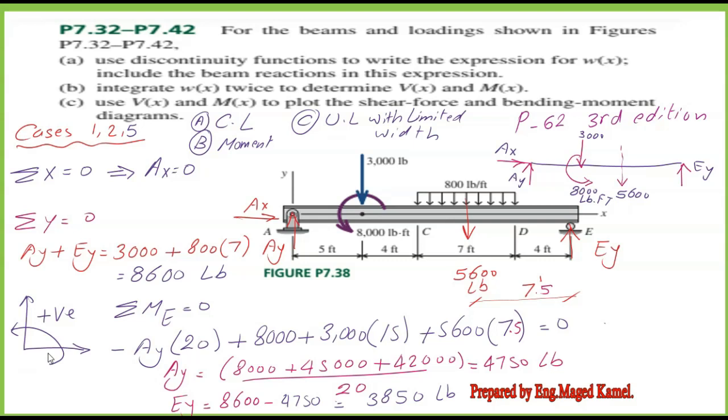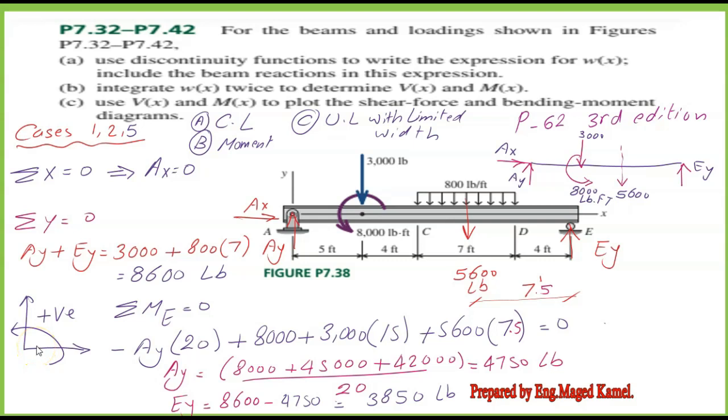We have a given simply supported beam with a span of 20 feet, acted upon by one downward concentrated load of 3,000 pounds at x equal 5 feet from the left support, and at the same point there is one concentrated moment of 8,000 pound-foot acting anti-clockwise.